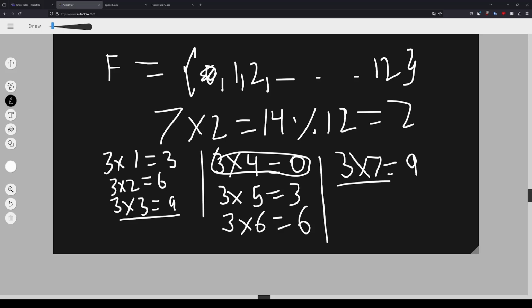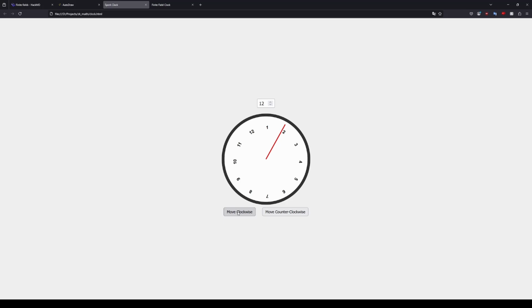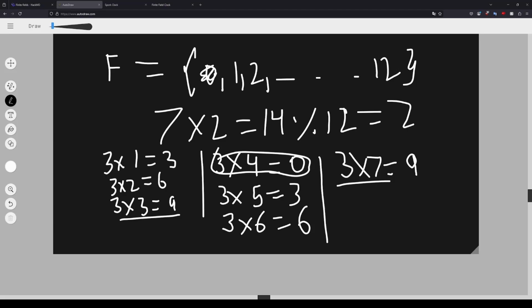If 3 represents a real step forward on the clock, 1, 2, 3, and 4 represents a step forward, again 1, 2, 3, 4, when tied together, we are somehow getting 0. If you move 3 and then move 4 times again, 4 times 3, you get 0, which does not make sense.